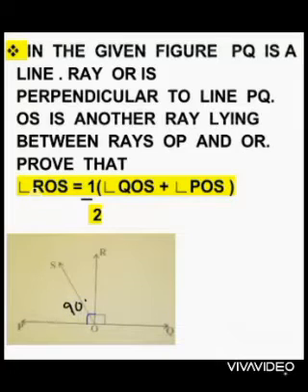OS is another ray lying between OP and OR. So we have to prove that angle ROS is equal to half of angle QOS minus angle POS.